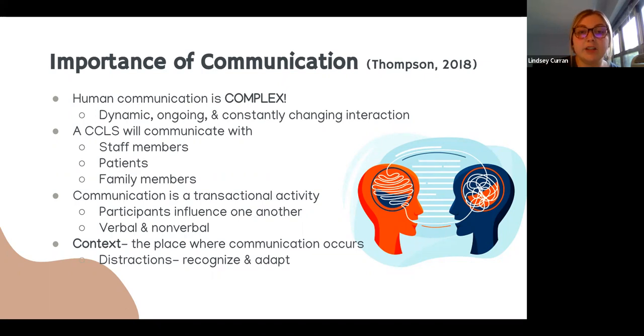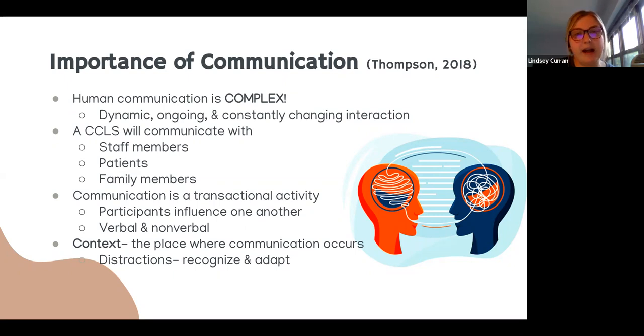Communication is extremely important in the CCLS field, because as CCLSs, we don't only communicate with patients, but with their family members, as well as a huge majority of other staff members that Megan previously stated in previous slides. Communication is a transactional activity, and participants influence one another a great deal. Those influences can be verbal as well as nonverbal.